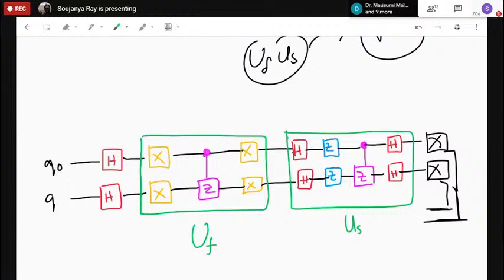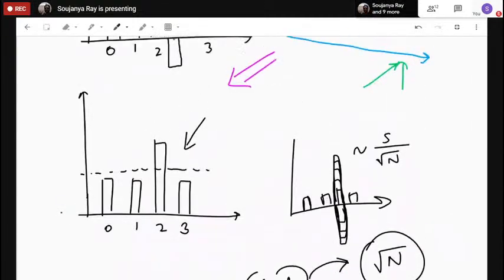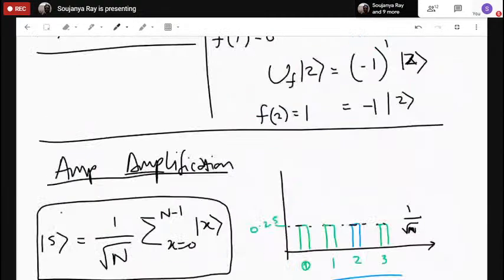So this is the circuit that we use to search in a list of 4. I think I have missed one here. Yeah, oh, no. Black. Yeah. So in a list of 4, we use this circuit to search the item in root n times. So this was the rundown of the entire thing.